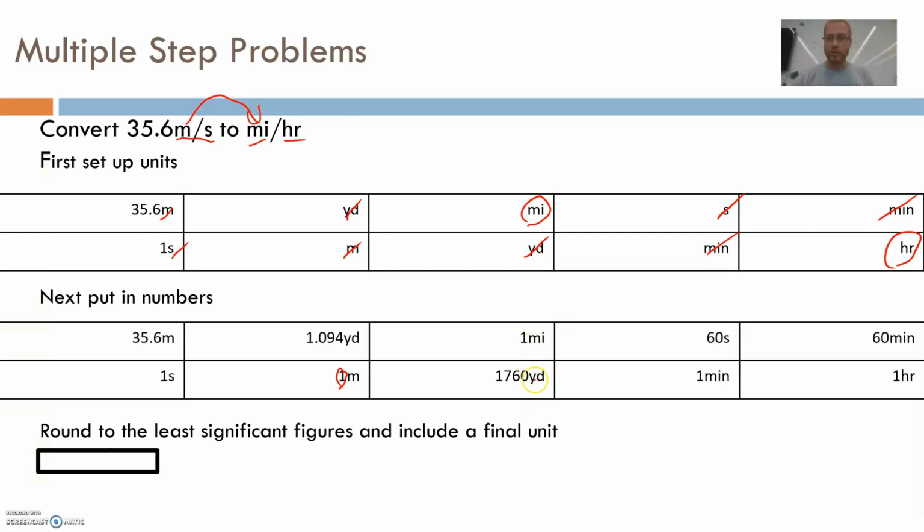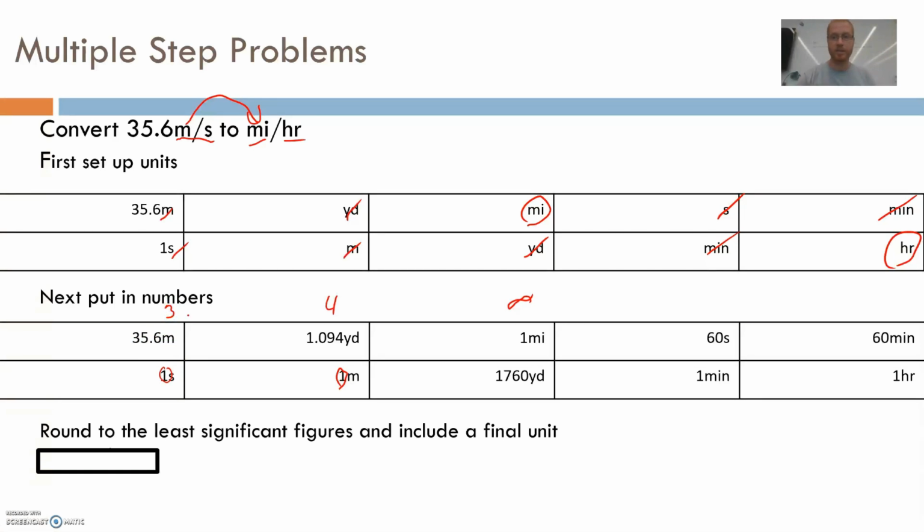Miles to yards is an English to English, imperial to imperial conversion. That is exact, so that has an infinite number of significant figures. Now, this is meters to yards, metric to imperial. So there, you've got to look at this. This has 4 significant digits. Here, 1 is exact. 35.6 meters is not exact.